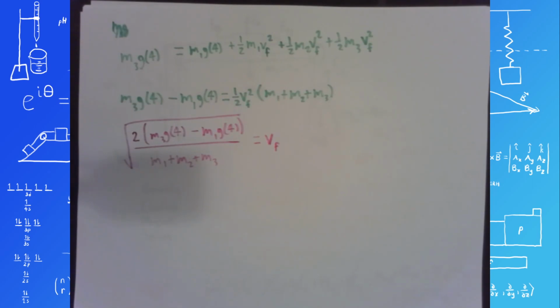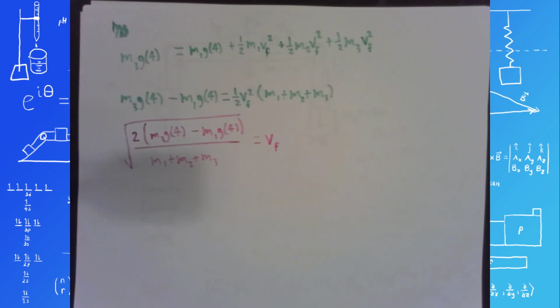So 15 times 9.8 times 4 minus 5 times 9.8 times 4. I could have just done 10 times 9.8 times 4, but lack of insight on my part. And then for the denominator, we've got 5 plus 10 plus 15.